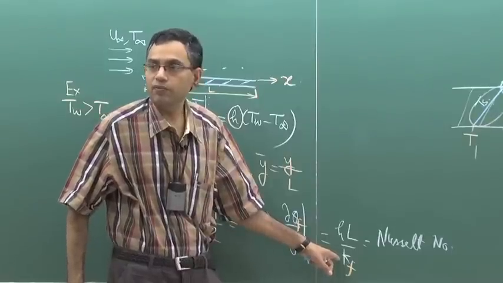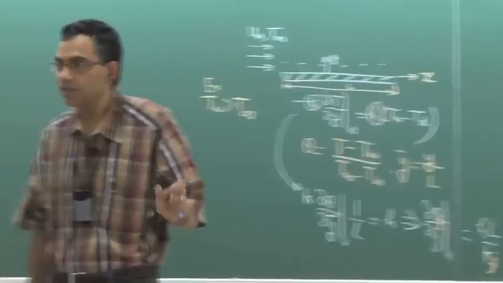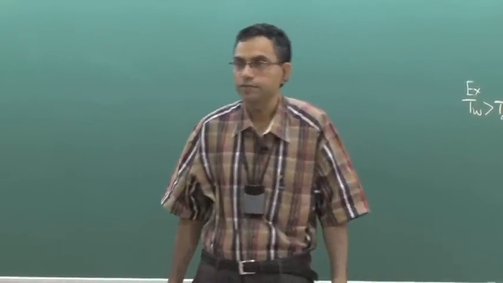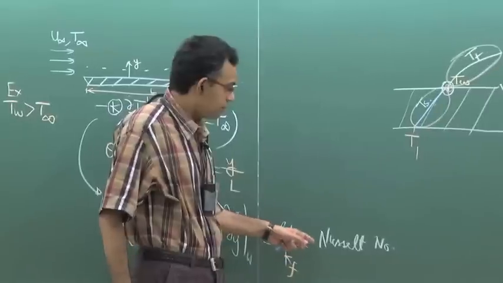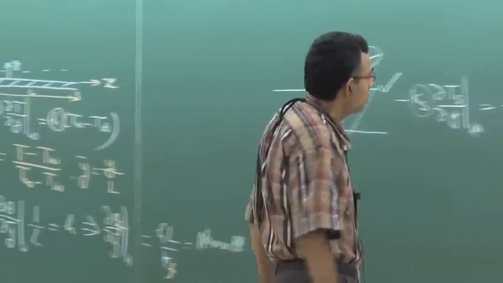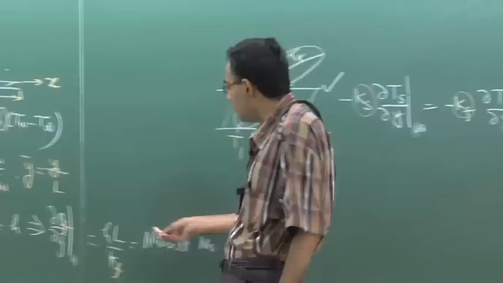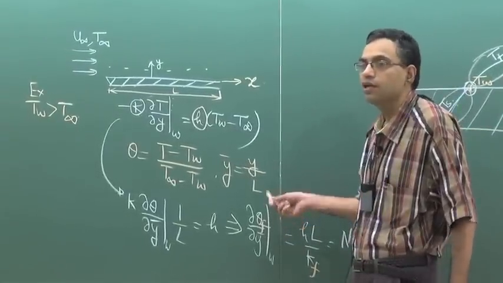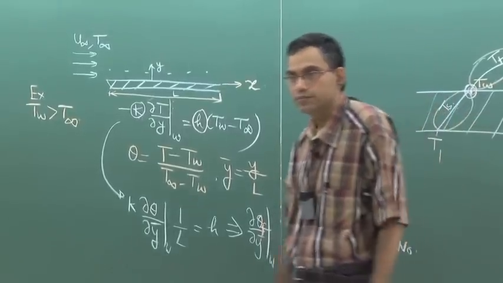In the Biot number definition, the K was K of solid, and in the Nusselt number definition, K is K of fluid. So, typically we can say that the Nusselt number is therefore a representation of the non-dimensional temperature gradient in the fluid at the interface between the fluid and the solid.